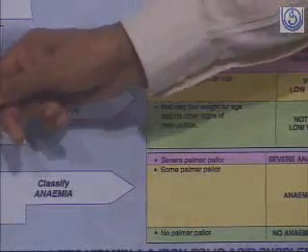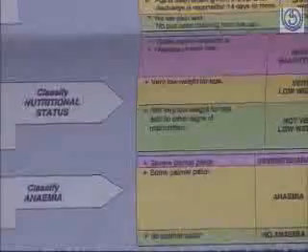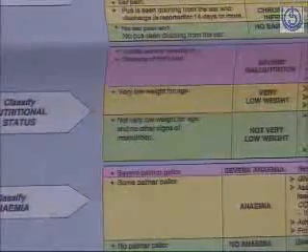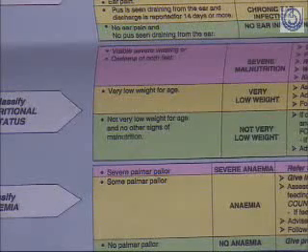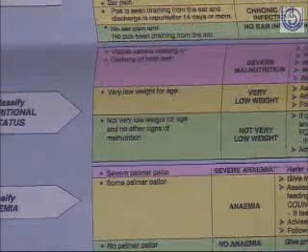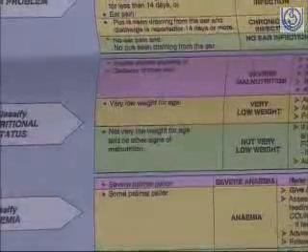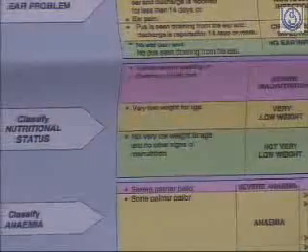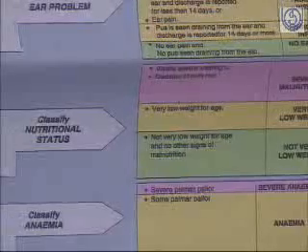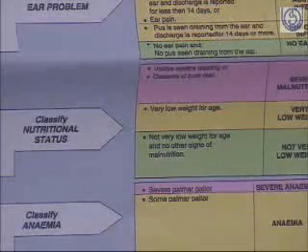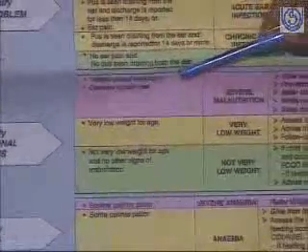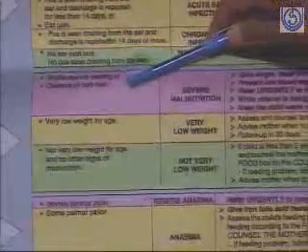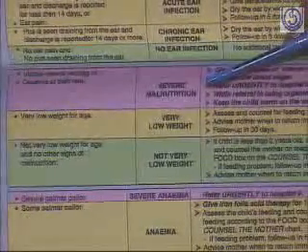And you know that at the beginning you have recorded the weight of the child. Now you have to plot that weight on the graph. And you must be remembering that in young infant you have already learned how to plot the weight for age on the graph. So depending on these findings, you can classify the malnutrition. Suppose we again start from the pink row, and if we find that visible severe wasting or edema of both feet is present, then the classification is severe malnutrition.